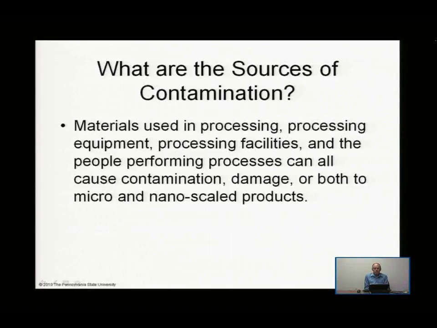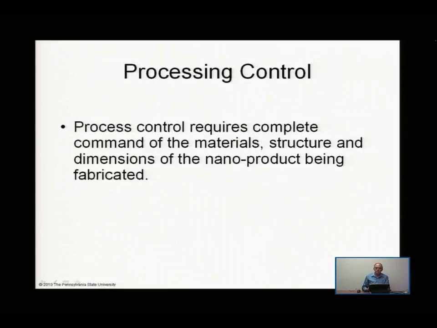It could have a memory of what was processed in it before, which will then be the remainder of what was processed in the equipment before. It can be then a contaminant for a new process. The facilities themselves can be a source of contamination. And of course the people can be a source of contamination. And these are the things that we have to worry about that can contaminate a process.